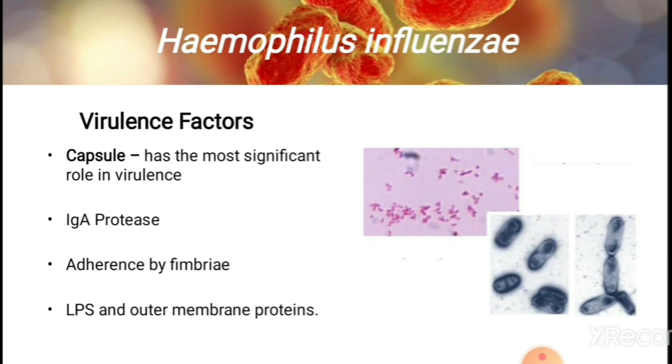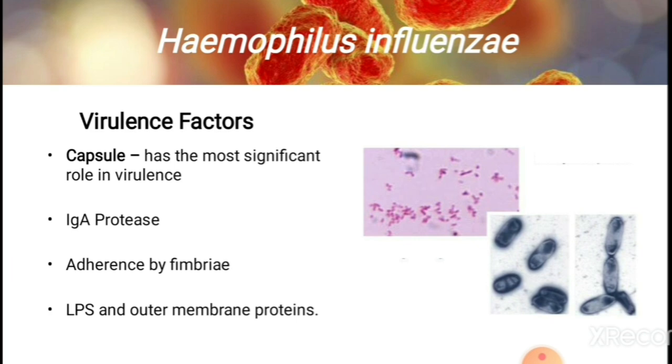Haemophilus influenzae has also various virulence factors, one of which is the capsule. The capsule has the most significant role in virulence, as it will help the organism to evade phagocytosis. And then IgA1 protease, these are proteolytic enzymes produced by our pathogenic bacteria that will infect and colonize mucosal surfaces.